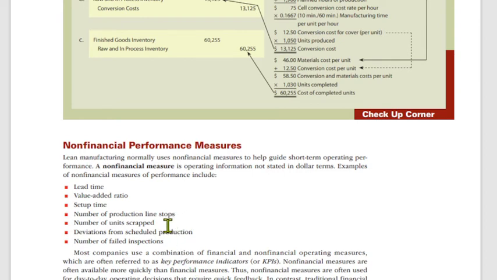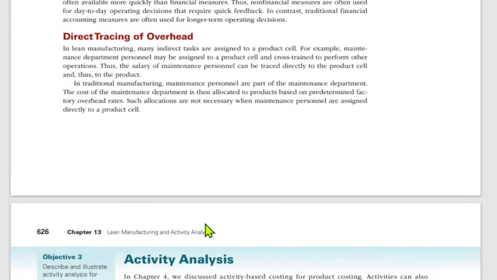Remember kung halimbawa ang daming number of units na na-scrap, kapag ang dami ng failed inspection, so ibig sabihin hindi maganda yung quality. So these are non-financial performance measure indicators.